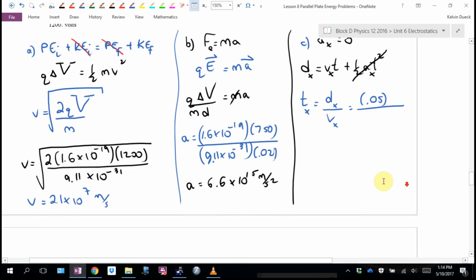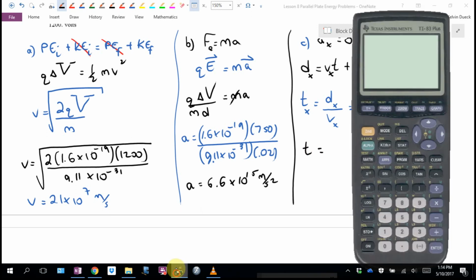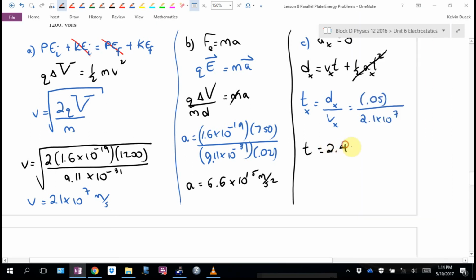You mean that's why I had to do A? 2.1 times 10 to the 7th? How long will it take to travel sideways? Do you get 2.38 times 10 to the negative 9? I'll even go 2.4 times 10 to the negative 9 seconds.